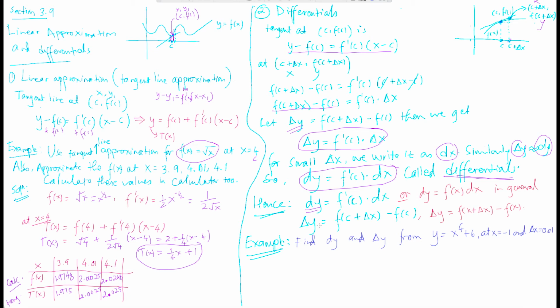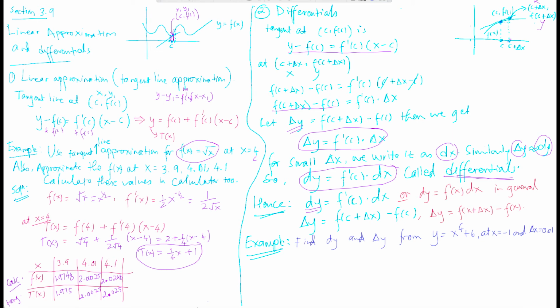And then sometimes they ask you to find the difference, that is delta y. What is the value of delta y? Delta y is f of c plus delta x minus f of c. That's how you find delta y. Or in general form, instead of c, you can write x, and then whatever x value is given, you will plug in there, right? So dy is f prime of x times dx, and delta y is f of x plus delta x minus f of x. So these are the two things you will be asked to find in the homework problem.